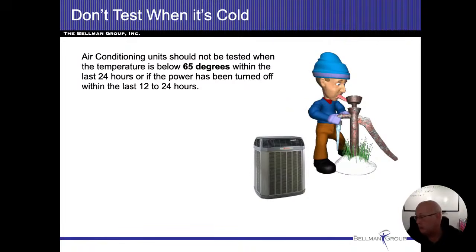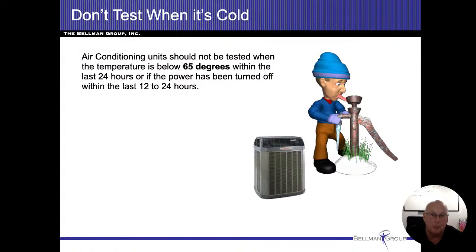Testing air conditioners. This is a big one. All right. Most home inspectors will use the temperature is 65 degrees. And I'll be honest with you, a lot of air conditioning systems can go all the way down to 50 degrees and they'll run just fine. All right.